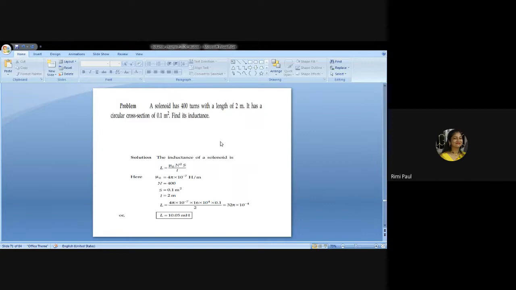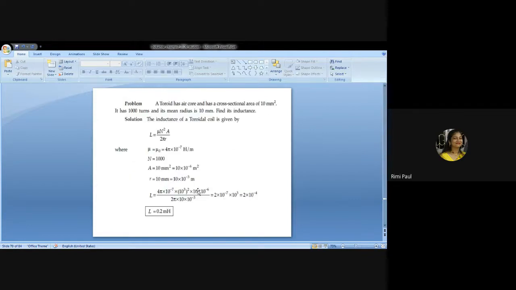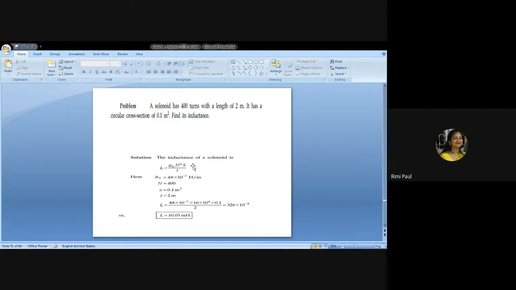Next is a solenoid that has 400 turns with a length of 2 meter and it has a circular cross section of 0.1 meter square. Find its inductance. The same problem, so you can write mu naught n square A by L. Here mu naught is not given, the core of the solenoid is not mentioned.